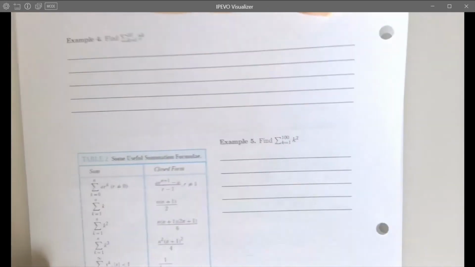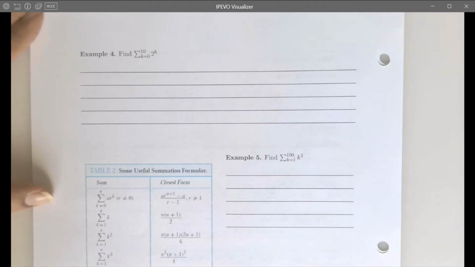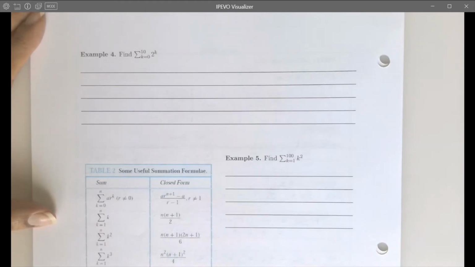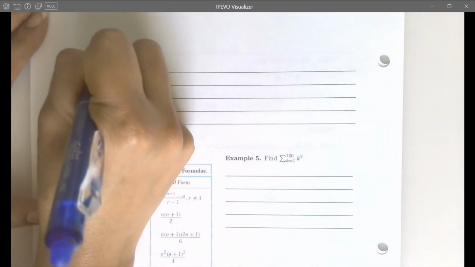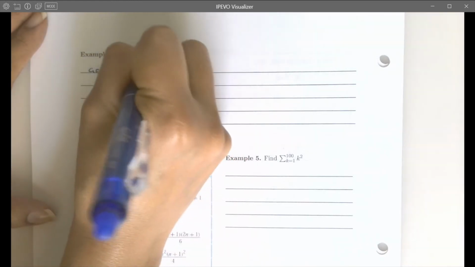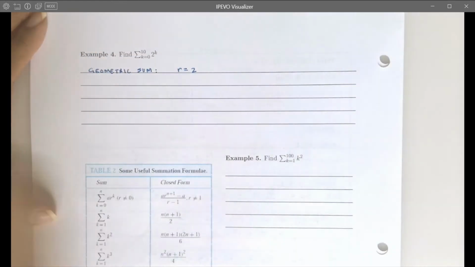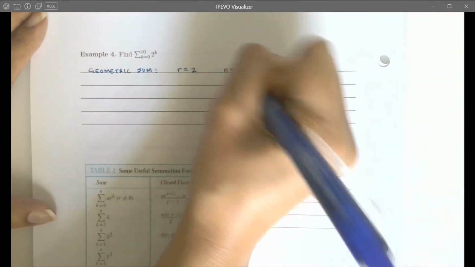Let's try to apply it with this next example, example 4. They want us to find the sum k equals 0 to 10 of 2 to the k. So notice this is a geometric sum, with r being 2 and n being 10.